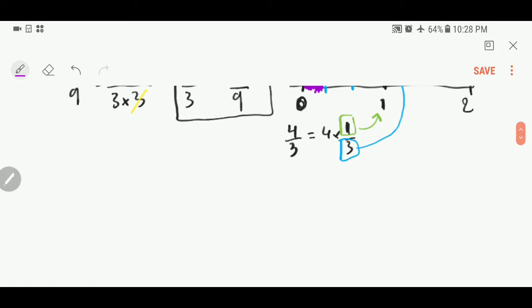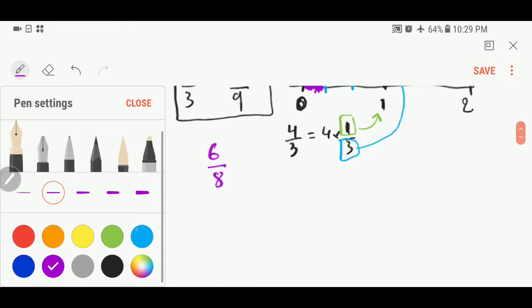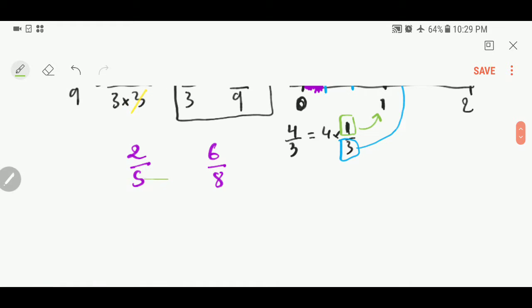And then on the next page, they give you some comparison. For example, you compare 2/5 with 6/8. So don't let this scare you. This is super easy. Always, I'll use a different color, always this 5 or 8 in the bottom, in the denominator, represents how much you're going to cut.